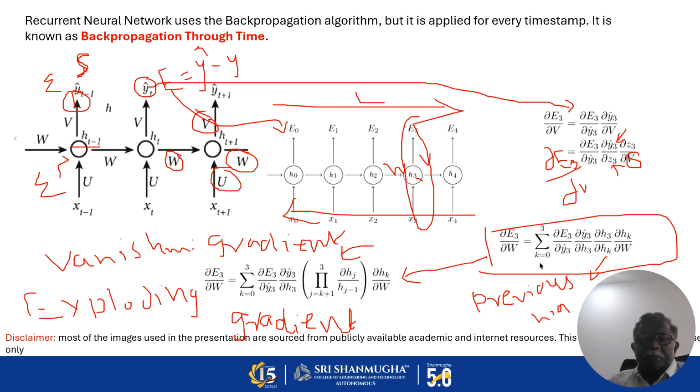If the weight update is very huge, we may end up with exploding gradient. For example, if the eigenvalue of W is very small, less than 1, we may end up with vanishing gradient, and if the eigenvalue of W is large, we may end up with exploding gradient. These are the two issues that may come across in RNN architectures, particularly while performing backpropagation.